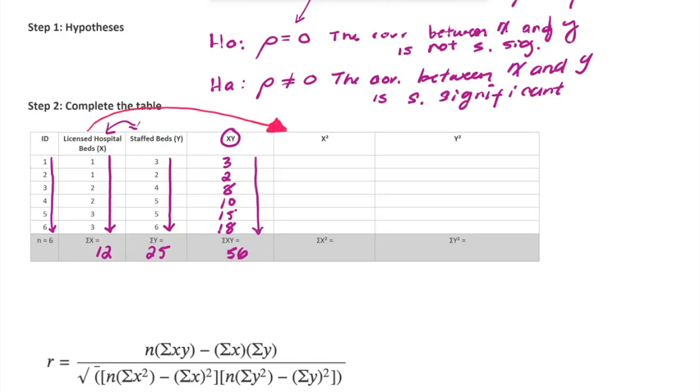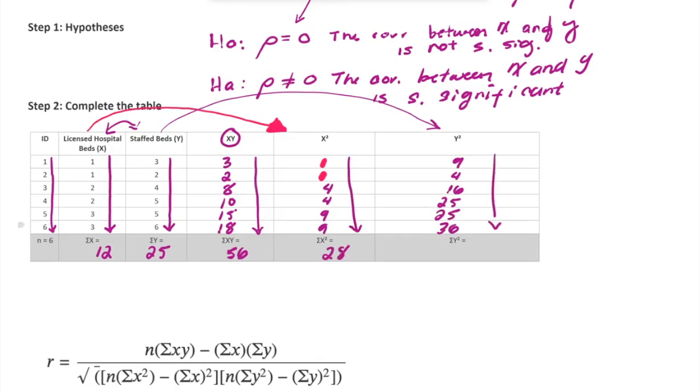So 1 squared is 1, 1, 4, 4, 9, and 9. Then we're going to do the same for the y. So 9, 4, 16, 25, 25, and 36. We add this column up, and that's going to give us 28. We add this column up, and that's going to give us 115.